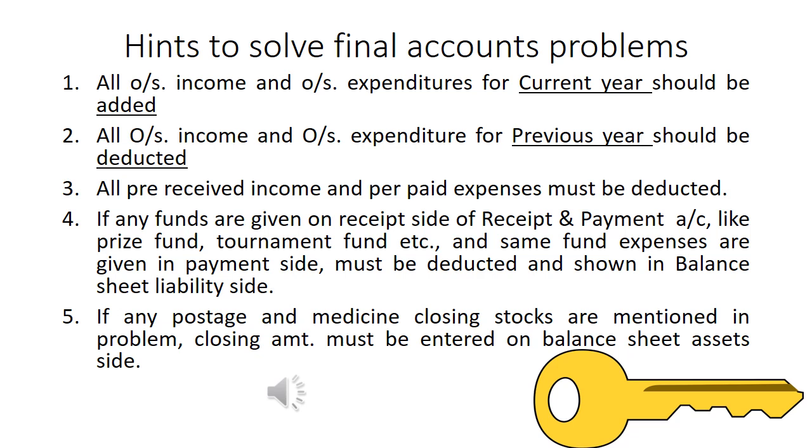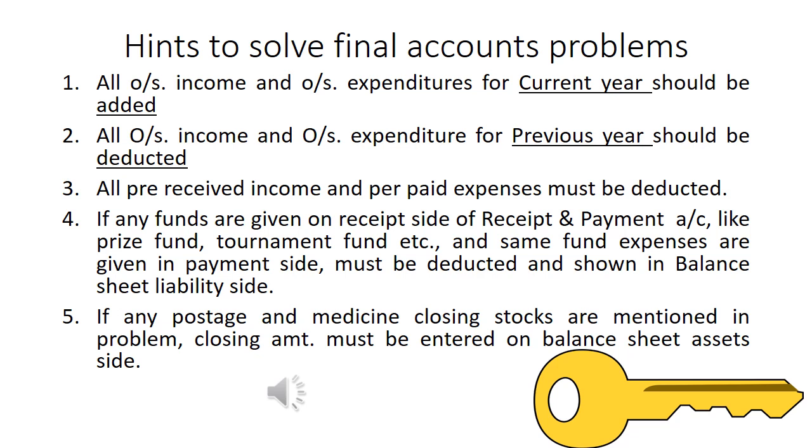Okay. Then, if any funds are given on the receipt side of the receipts and payment account, it may be a prize fund, tournament fund, etc. The fund created for the purpose of giving prizes is the prize fund. The fund created for the purpose of conducting tournaments in a sports club is a tournament fund. And the same expenses are given on the payment side of the receipts and payment account.